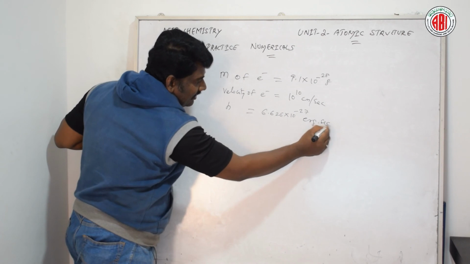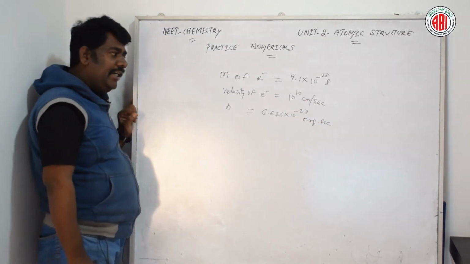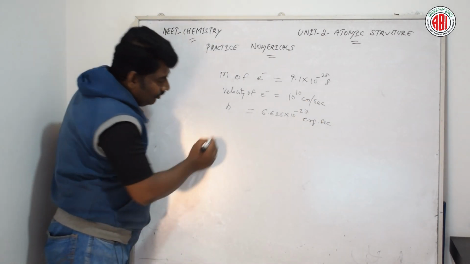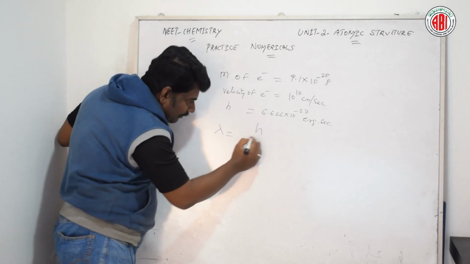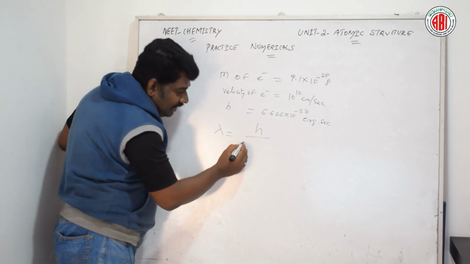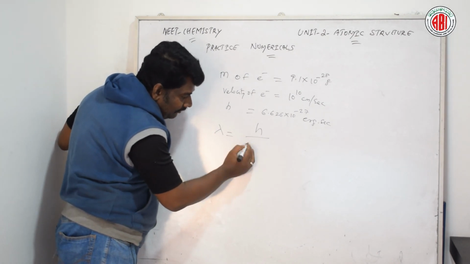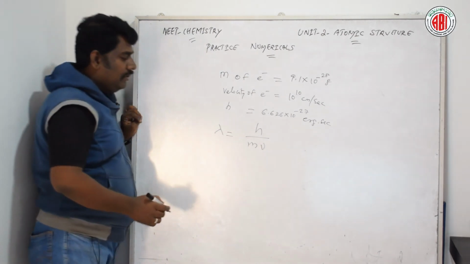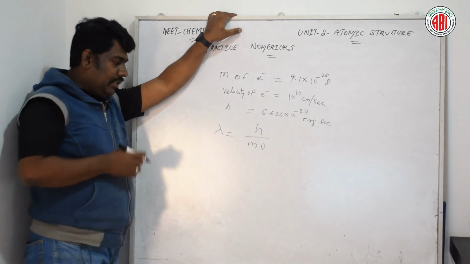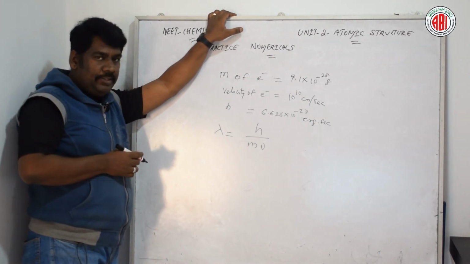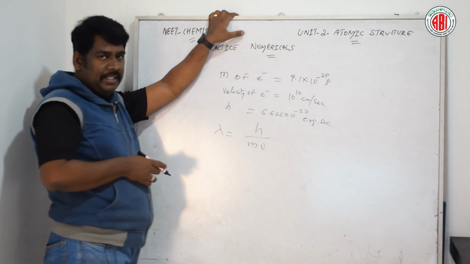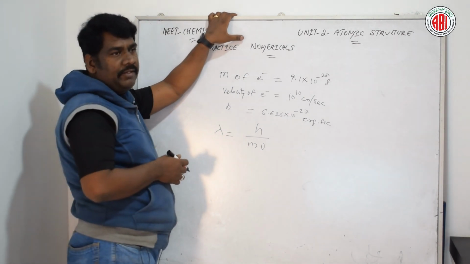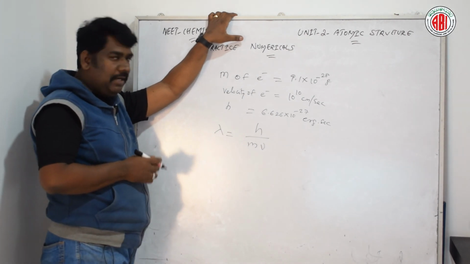According to the de Broglie equation, lambda is equal to h by mass into velocity. That means lambda is equal to h by p, where p stands for momentum, and momentum is equal to mass into velocity.